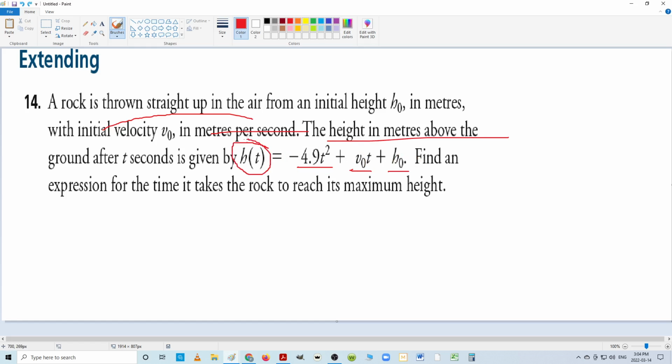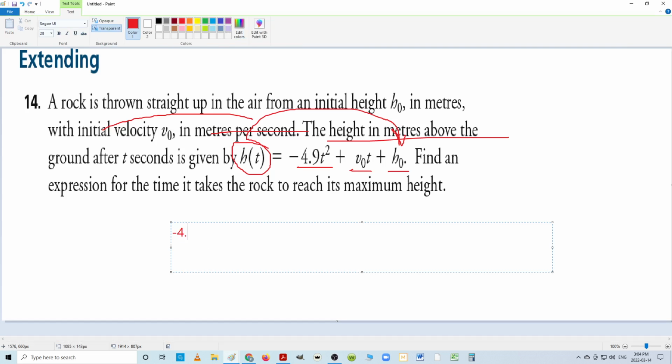Let's see, yeah, height will be the final y value, and velocity will be the x value. No, time will be the x value. So if I just work on that, I have to first take 4.9 out of both, and I get t squared plus velocity divided by 4.9, essentially, times time, and that's a t squared here.